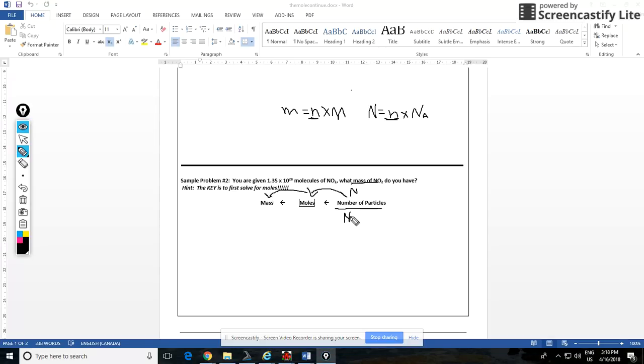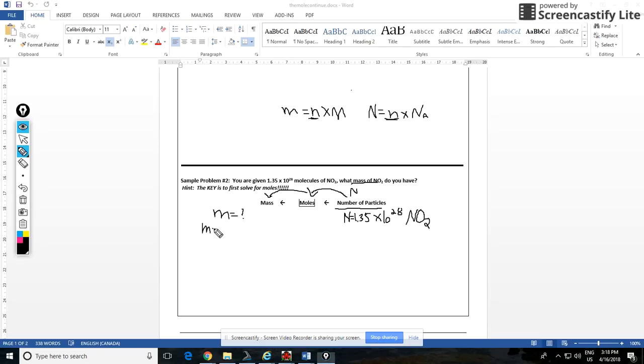Let's write down our information. Number of particles is 1.35 times 10 to the power of 28 NO2 particles. We want to find the mass. That's our unknown.